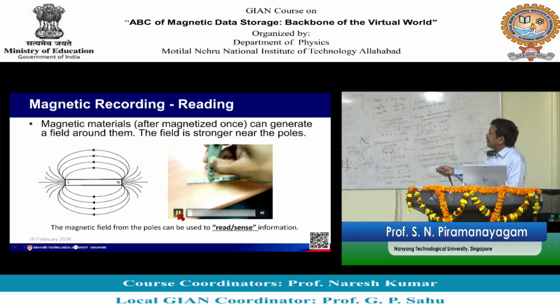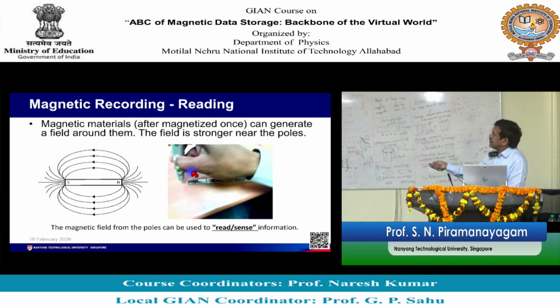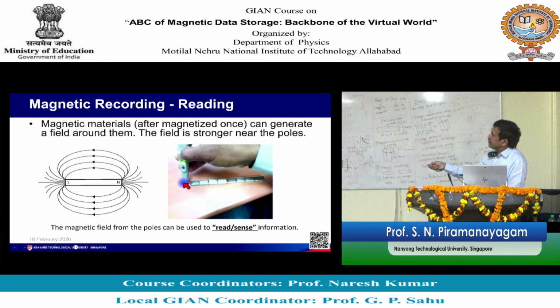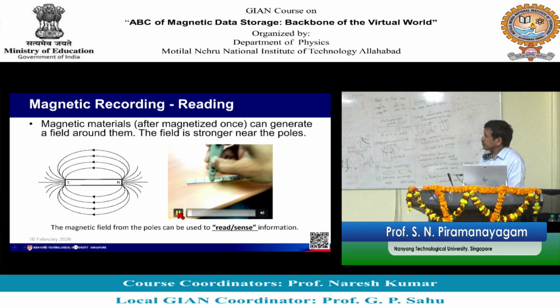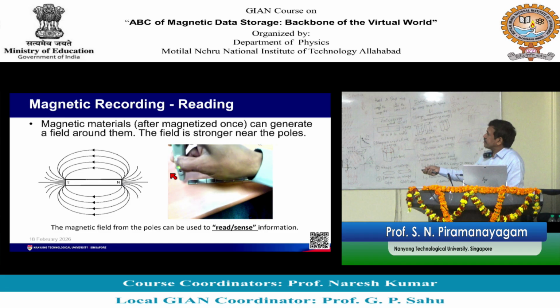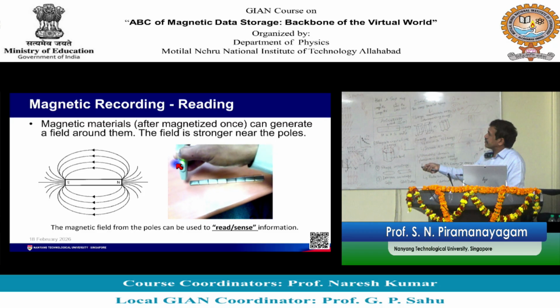So now I bring this sensor. So you see green has lit up. So this is one type of pole, let's say north, and when you go to the other side, it lights up red, which is, if this is north, the other one is south, and you see in between there is no light. Okay. So the field is stronger here, so the sensor can sense the field.